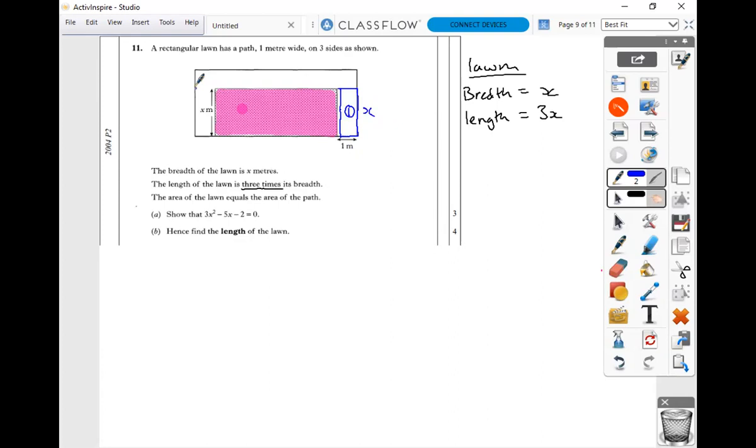There's another area over here, which again is 1 meter by x. And then you've got the top one up here, which is a different colour.